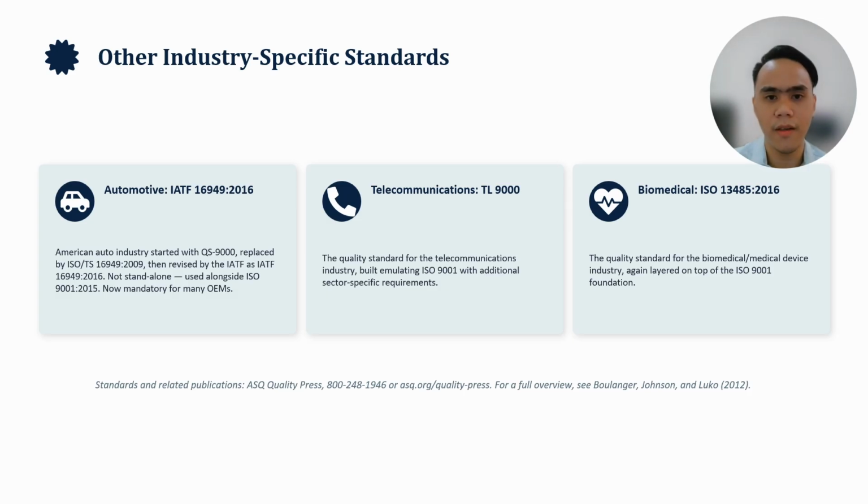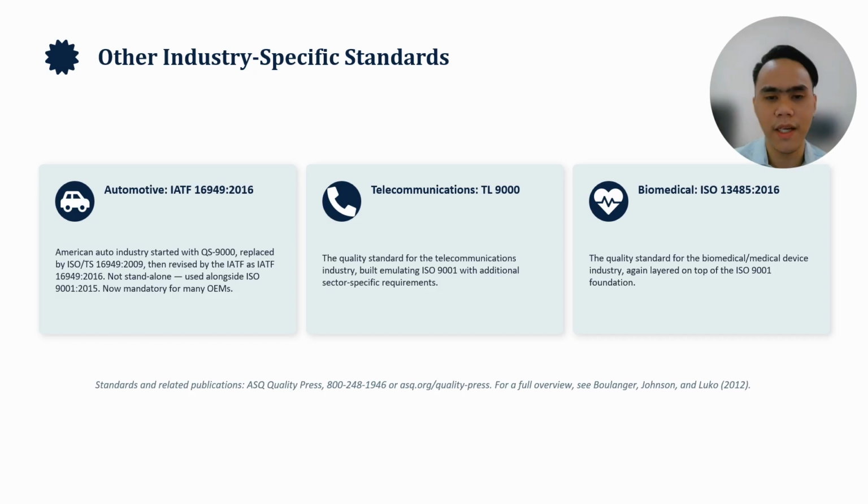The American automobile industry took the lead in creating its own standard with QS 9000. That standard was replaced by ISO/TS 16949 2009. And then in October 2016, the International Automotive Task Force, or IATF, revised the standard as IATF 16949 2016.